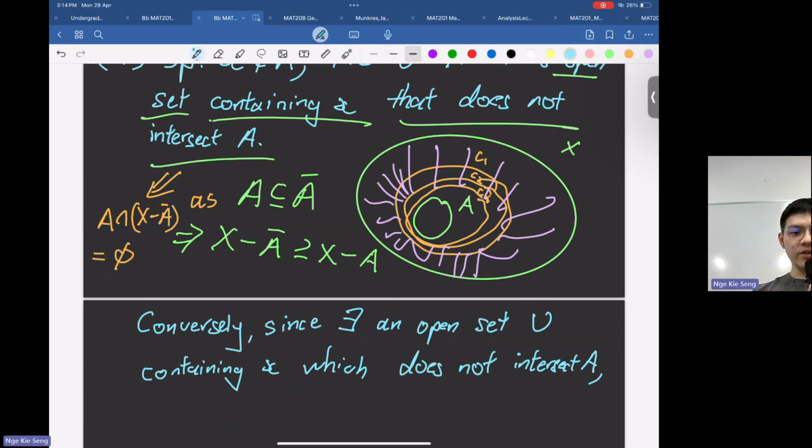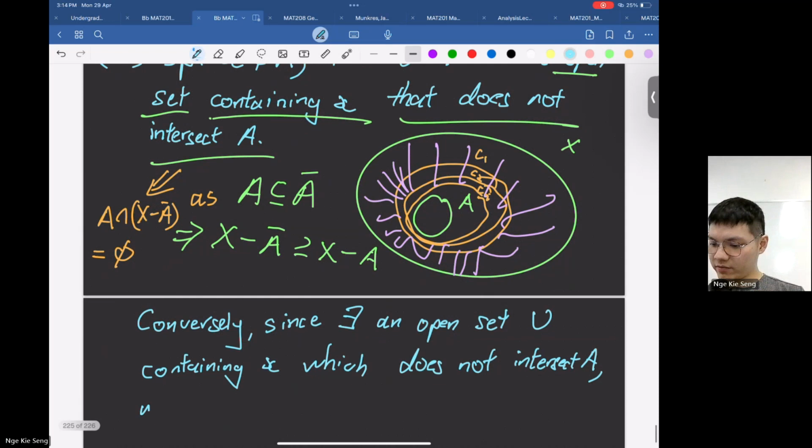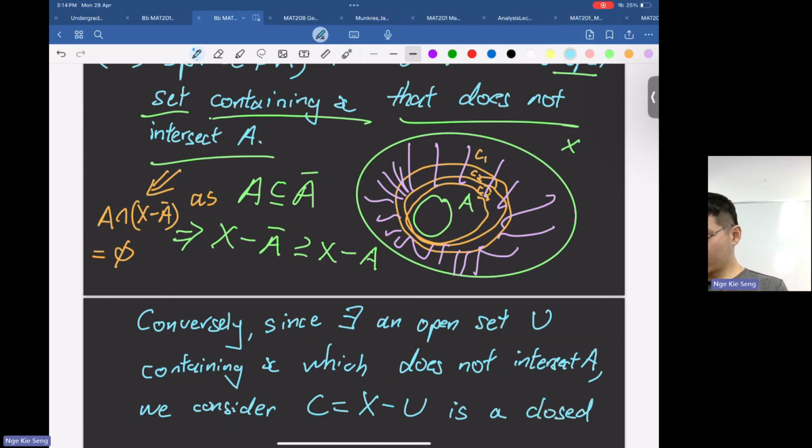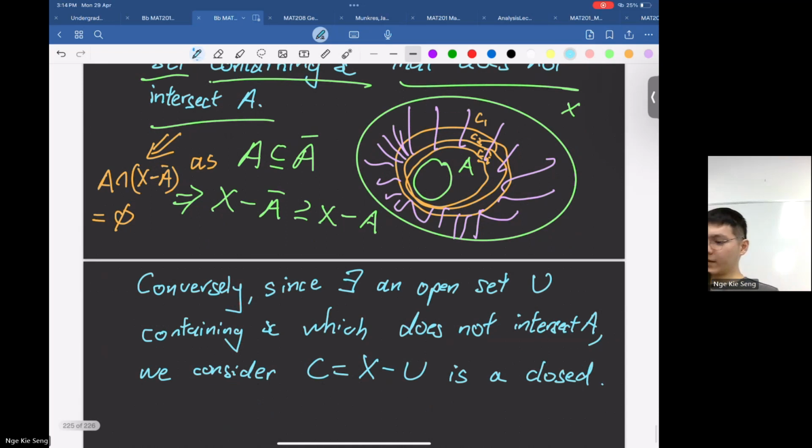In particular, what closed set can you take here? We consider the closed set X minus U. This is a closed set, because U is open, so X minus U is closed.